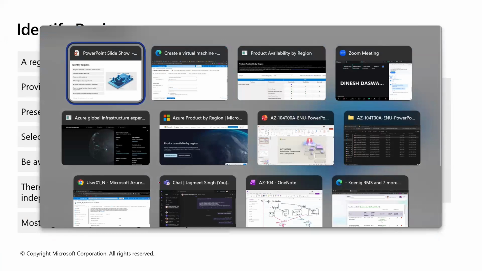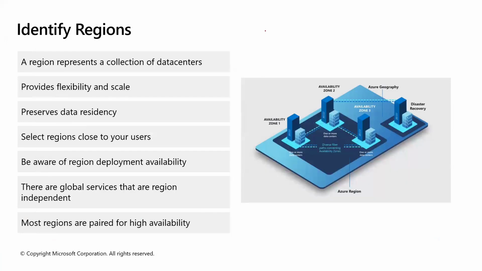When I say most regions are paired for high availability, it means, let's say, we have Central India and we have South India. I told you that these will be at least 300 miles away from each other, but they will be paired for disaster recovery.